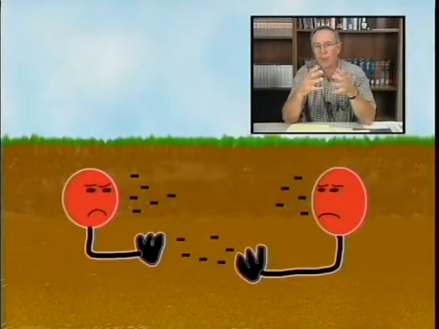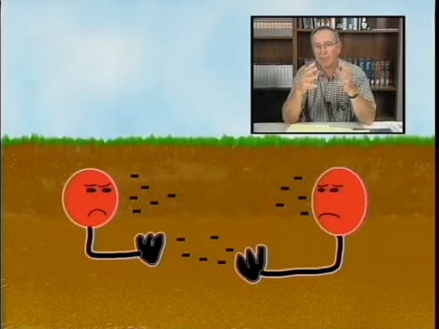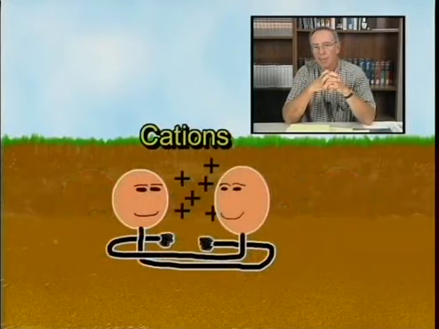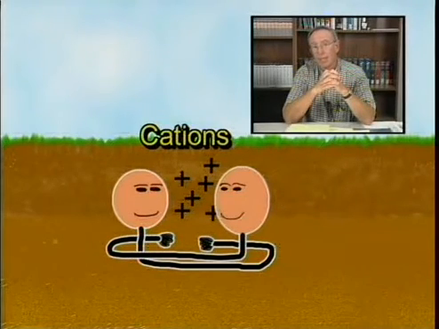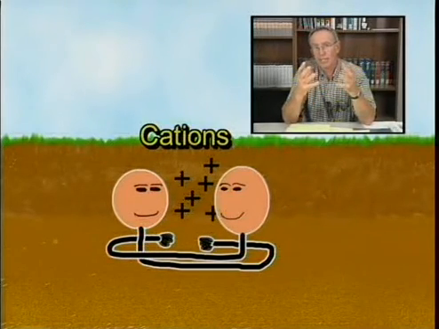They would naturally want to repel each other, except for the fact that we have cations, positively charged particles, that get in there between these and help hold them together. So the mutual attraction of these soil particles for a positively charged cation is what causes them to flocculate, or these individual soil particles to have a tendency to want to be attracted to each other.